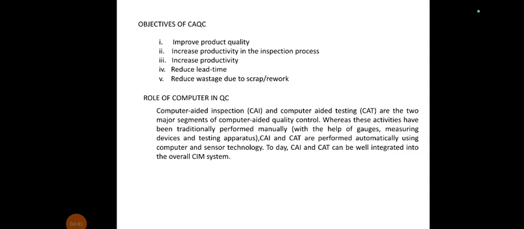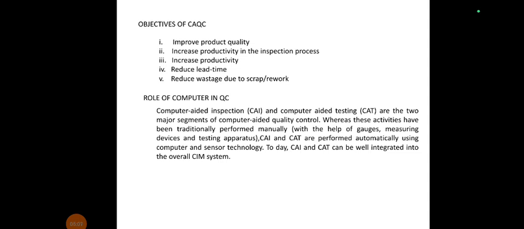Next one, quality control is concerned with the activities related to inspection of product and component quality, detection of poor quality and corrective action necessary to eliminate poor quality.